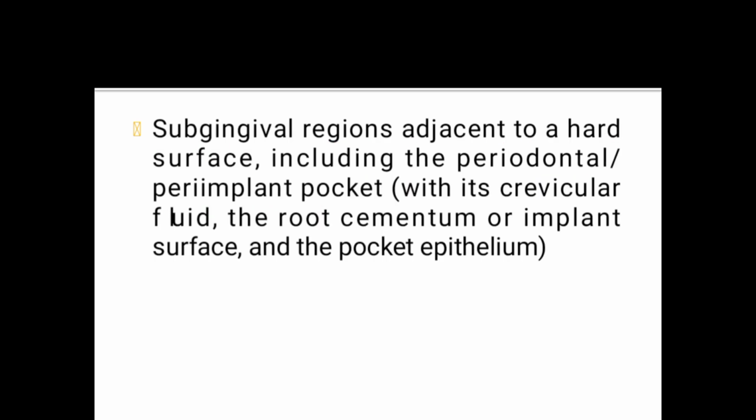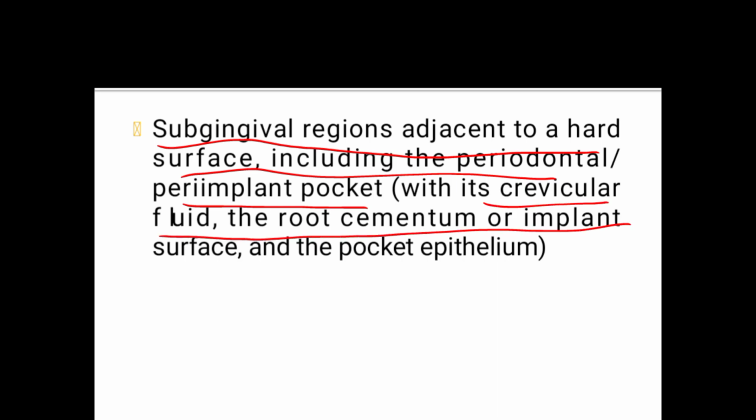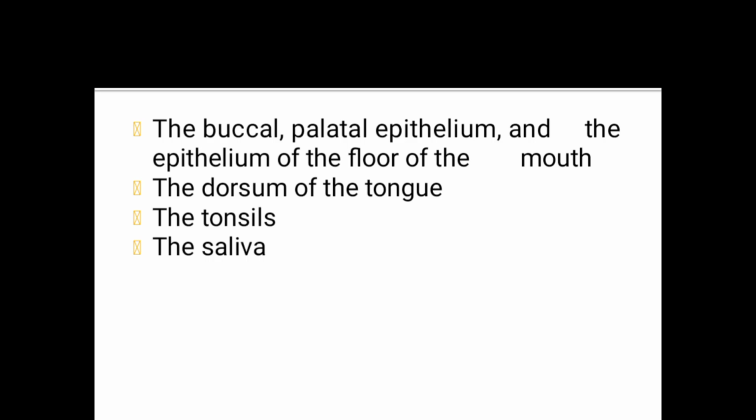Then we have subgingival regions adjacent to hard surfaces, including the periodontal and peri-implant pocket where there is crevicular fluid, the root cementum or implant surface, and the pocket epithelium. Then the buccal and palatal epithelium, the floor of the mouth, dorsum of the tongue, tonsils and saliva.